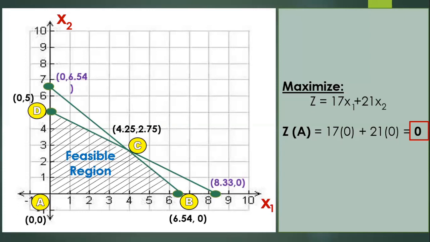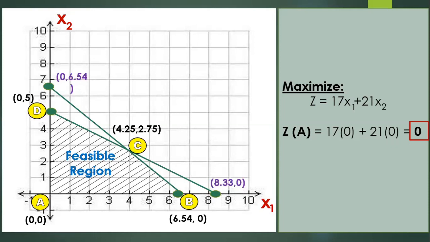In substituting that into our objective function, which is maximize z equals 17x sub 1 plus 25x sub 2, all we need to do is plug in the values of our extreme point A, 0, 0. So 17 times 0 plus 25 times 0 would be equal to 0.